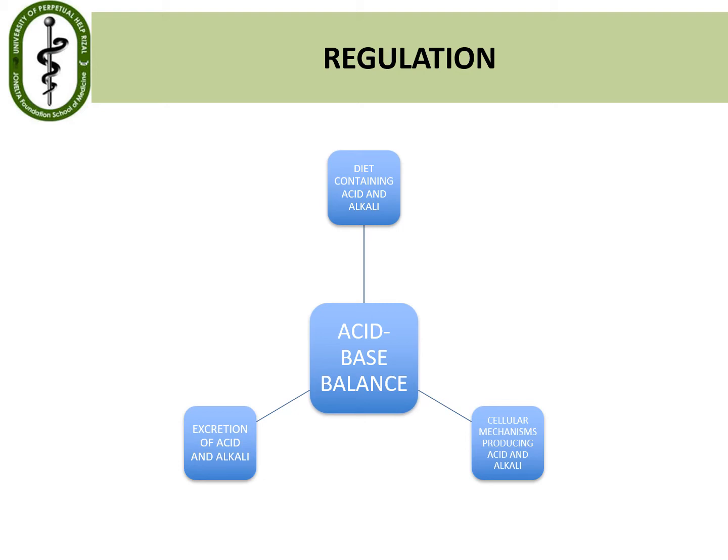So again, the diet of humans and cellular metabolism produce acidic or alkaline substances, and alkali is normally lost each day through the feces, which will have a net effect of the addition of acid to the body fluids. For acid-base balance to be maintained, acid must be excreted from the body at a rate that is equivalent to its addition.